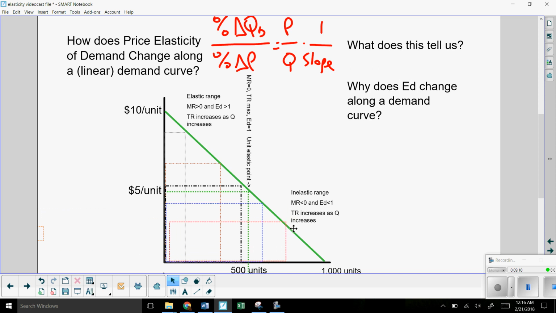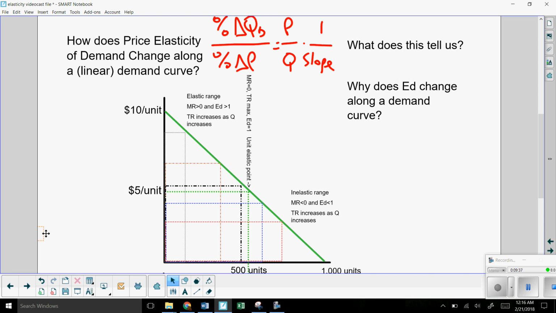And we could continue on down. You could see now the box is getting smaller because this quantity effect part we're adding is dominated by this price effect part that we're snipping off the top. Because we're knocking the price down $1, but it's on a whole bunch of units, that tends to have a greater effect pushing TR down than adding this little bit of quantity at a low price.